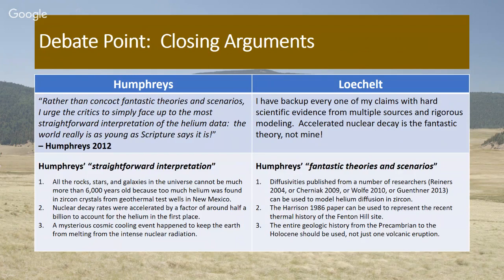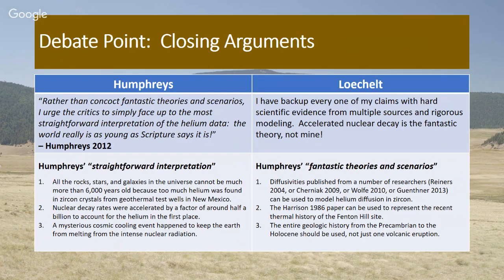helium retention of the zircons, his interpretation is that all rocks, stars and galaxies in the universe can't be much more than 6,000 years old because too much helium was found in zircon crystals from geothermal test wells in New Mexico. Too much helium, we can't account for it, therefore every rock, star, and galaxy in the universe must be about 6,000 years old.